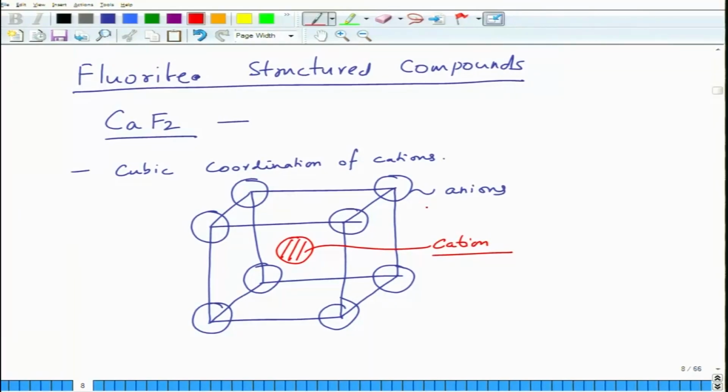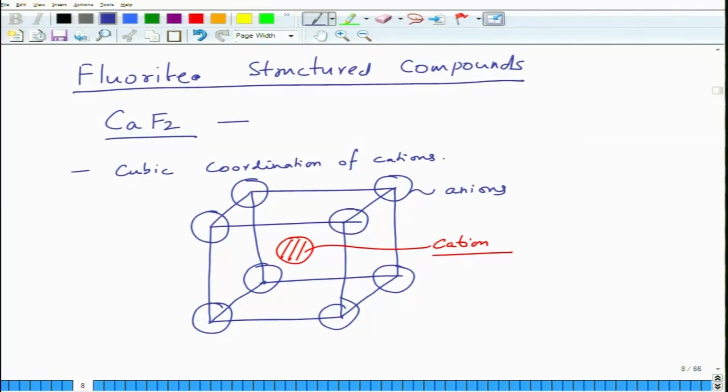And if this follows in 3D, what will be the number of neighbors for anions? If you consider this as the reference atom, you have 1 here, and you will have 7 on the other sides. So, this will also have 8 neighbors.